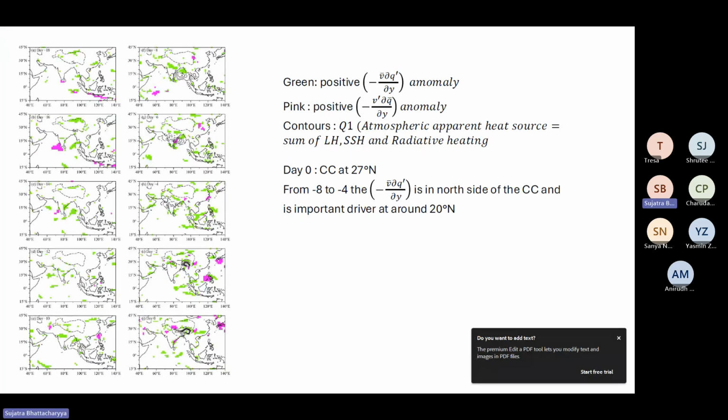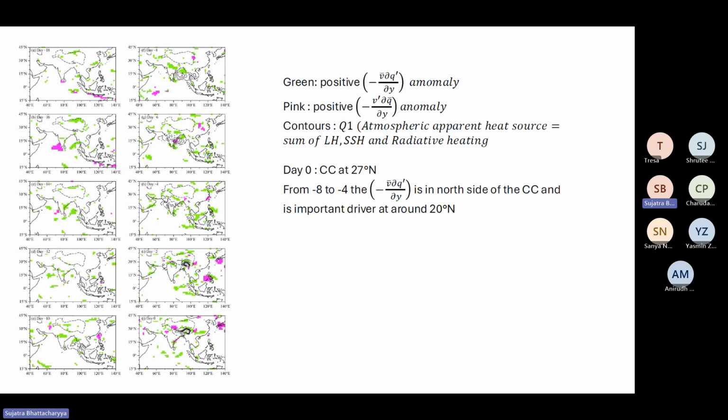So first they found the moisture part. Here the green part shows the positive advection of the anomalous moisture gradient by the mean wind, and the pink one is the advection of the mean moisture gradient by the anomalous wind. So here day 0 means the convection reaches 27 degrees. This contour shows the positive atmospheric apparent heat source.